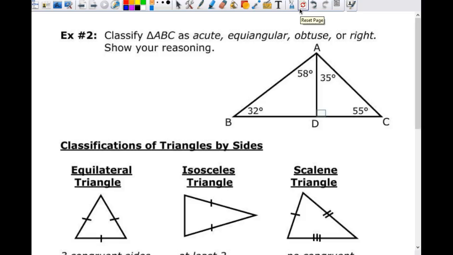All right. I'm going to give you guys about a minute to work on this one. Turn to your partner and see what you think the answer is for just example 2. Triangle ABC. Try to classify that triangle.